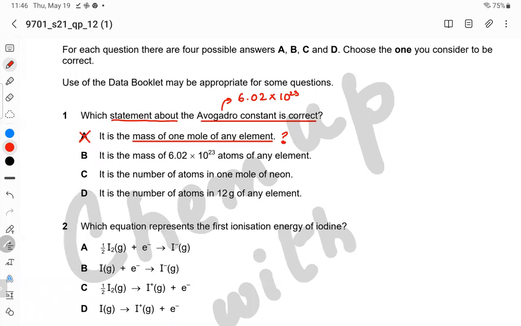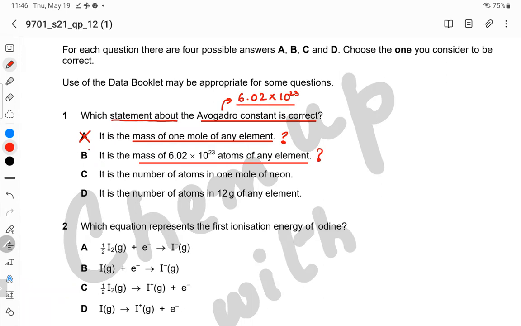Is this clear? Now the second statement, what it says, it is the mass of 6.02 exponent 23 atoms of any element. Is this correct? See, I just told you Avogadro's constant is not the mass. It is the number of particles.